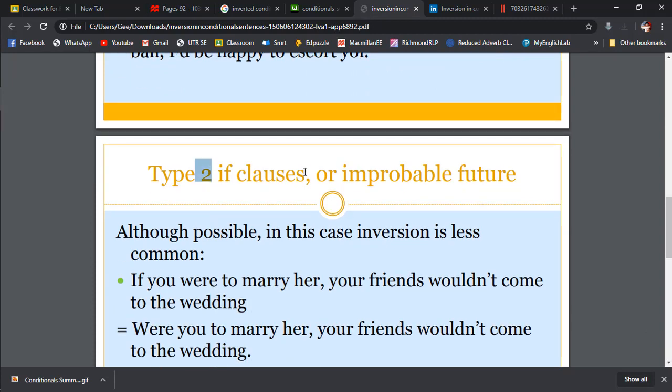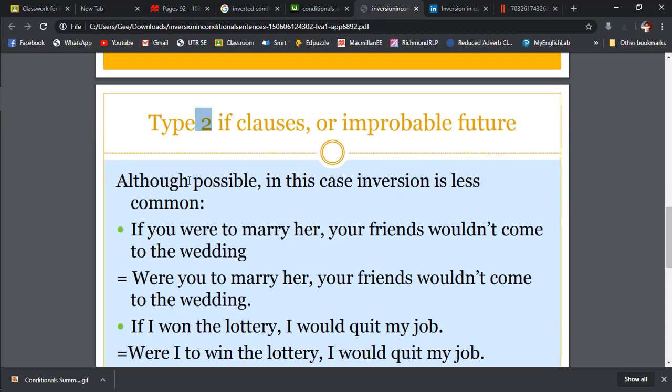Type 2, if clauses, improbable future. Yeah. So look, although possible, in this case inversion is less common. If you were to marry her, your friends wouldn't come to the wedding. Okay? So do you remember the things that we need to change from this?